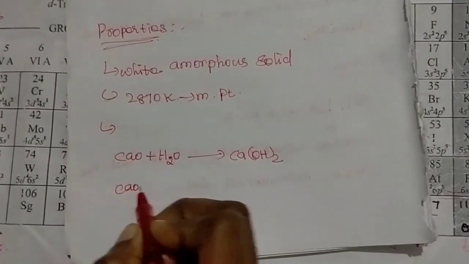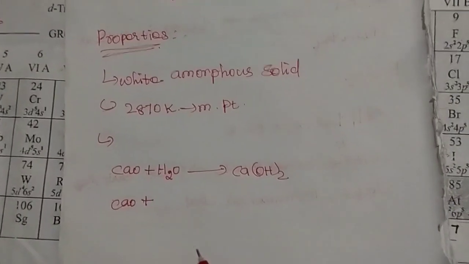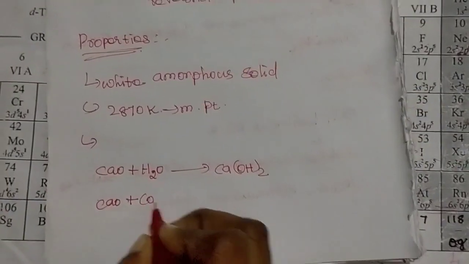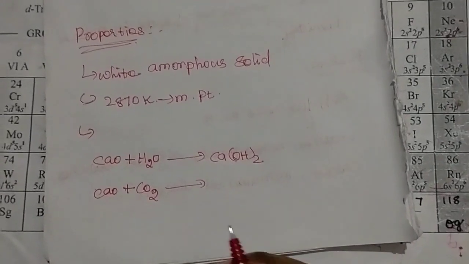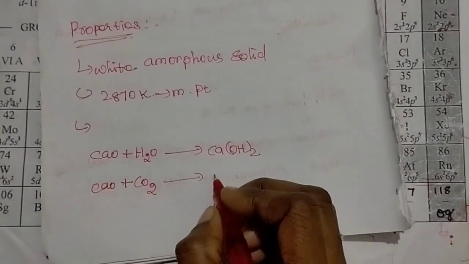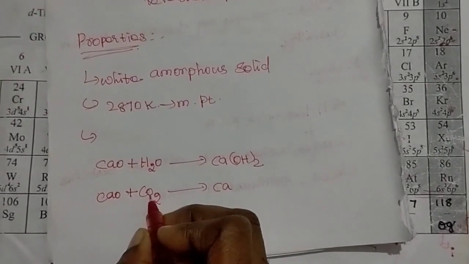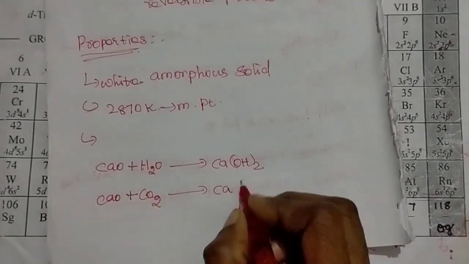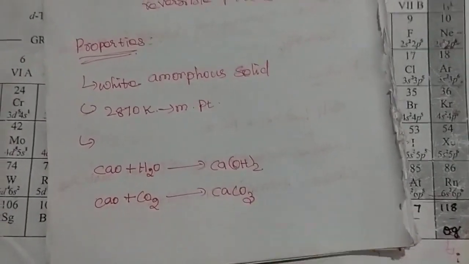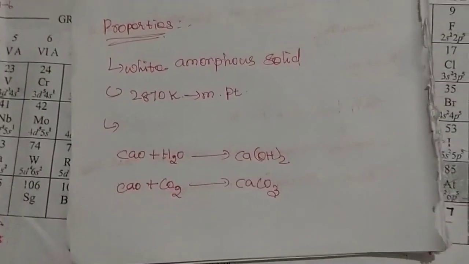Then, when exposed to air, it also reacts with carbon dioxide, so the CaO combines with the CO2 molecule and becomes CaCO3, that means calcium carbonate.